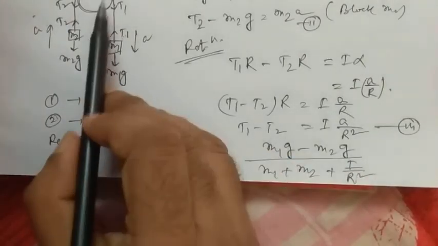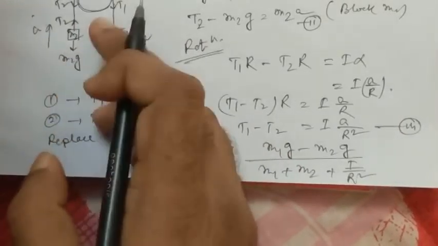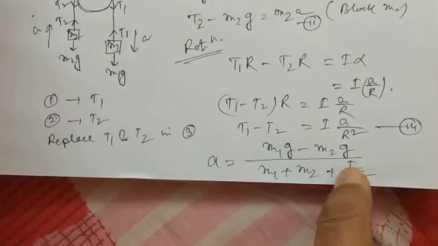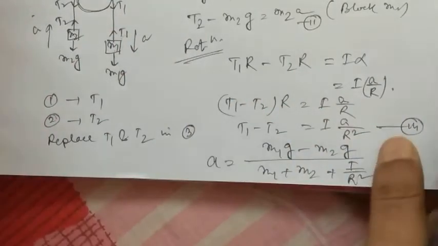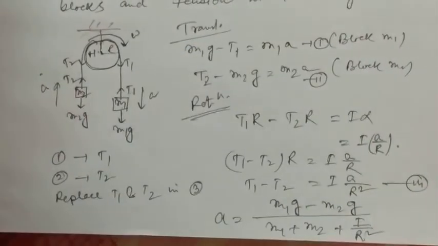Now the pulley is a cylindrical disc system, and the value of I for a disc we already know, that is half m r square. This is the process by which we solve these types of problems.